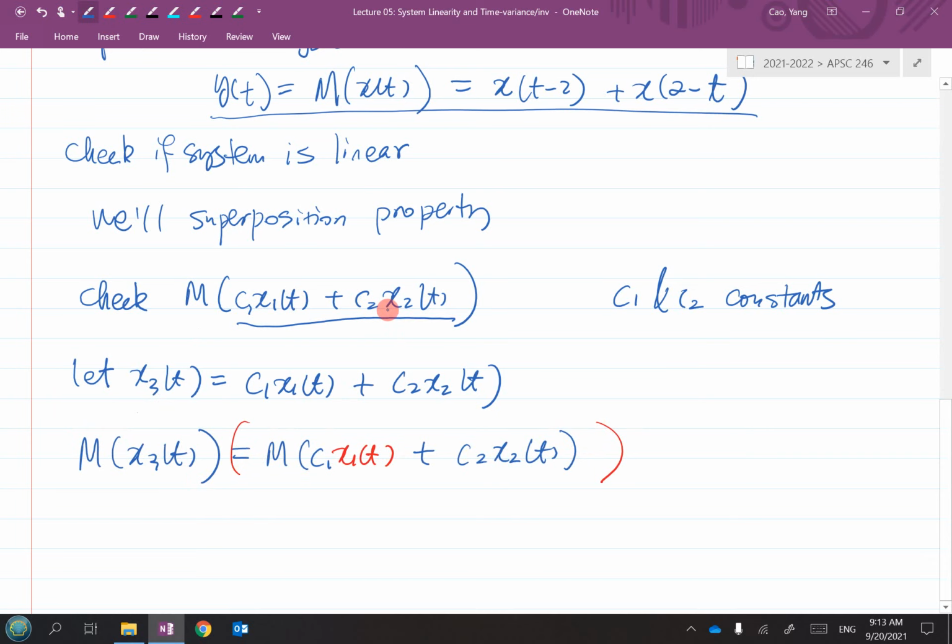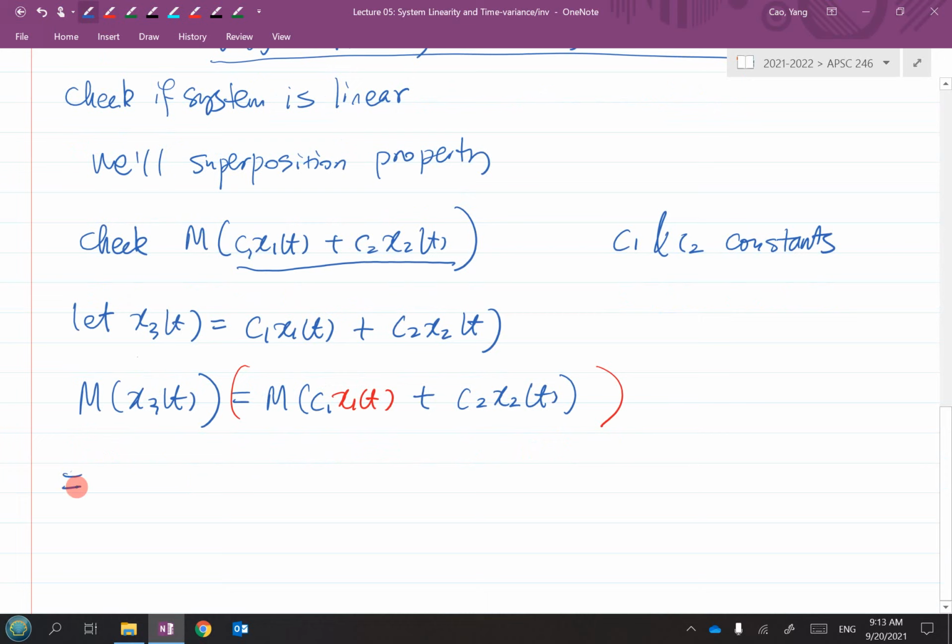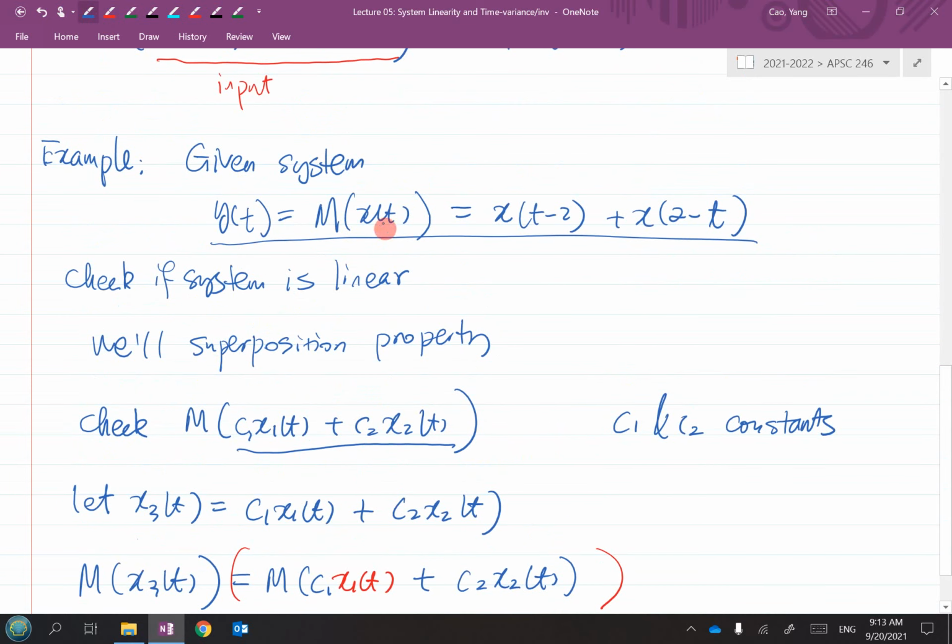Right? So now, if your input is x3 of t, whatever x3 of t is, then what is the system output? Basically, your input is x3 of t. You go back to your system here, and I'm going to replace the current symbol x with x3, although I don't know what x3 is. What will be the system output now if this x is x3?